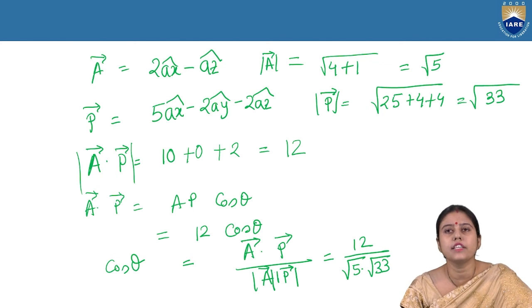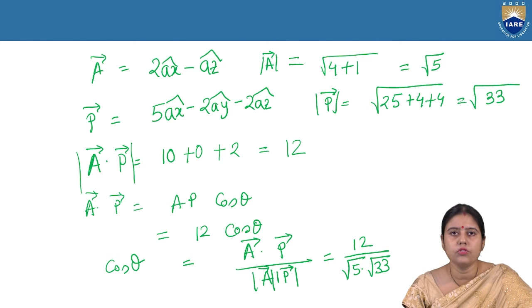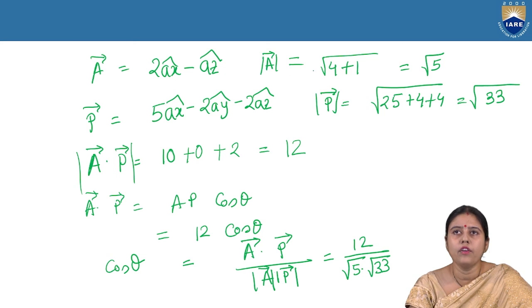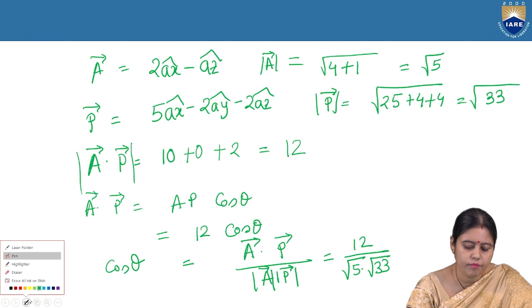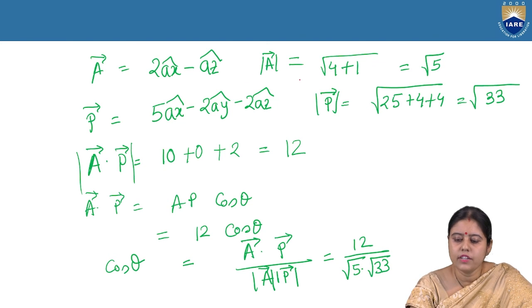Now what is cos theta? A dot P is equal to AP cos theta. So cos theta is equal to A dot P divided by mod of A into mod of P. How to calculate mod of A? We already know the A value. So what is mod of A?